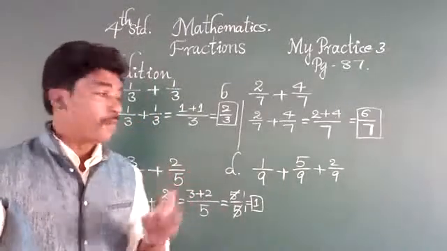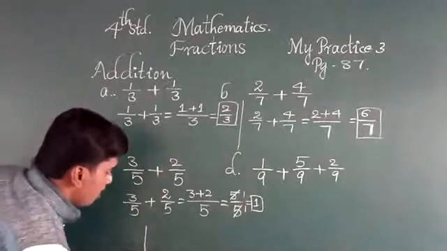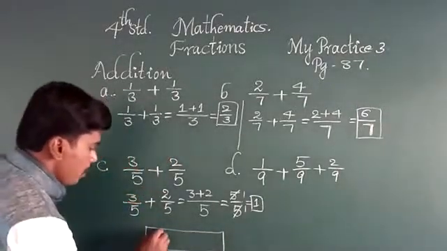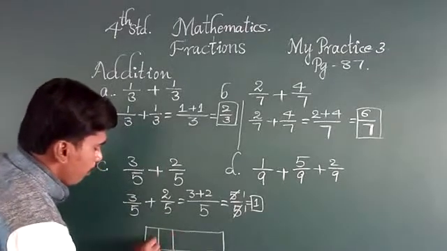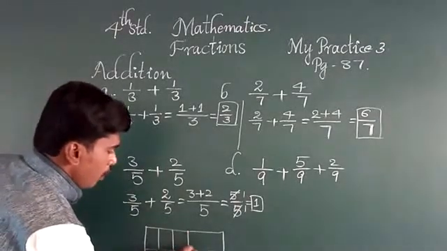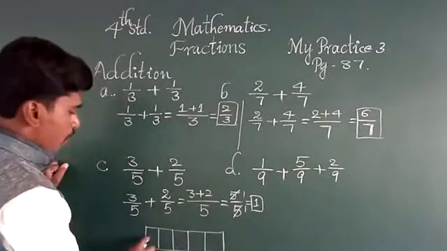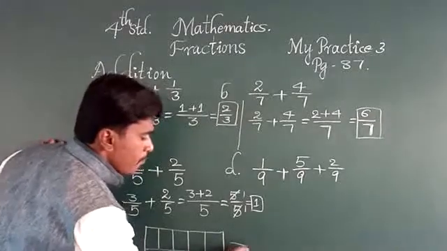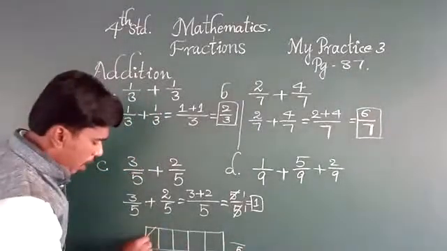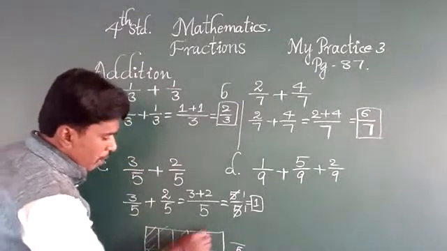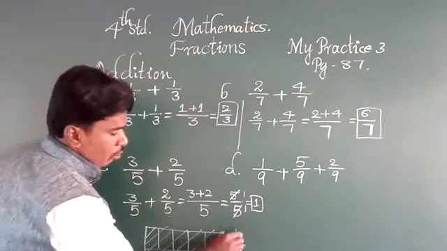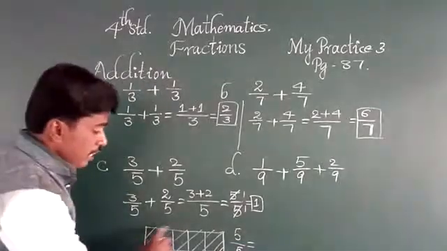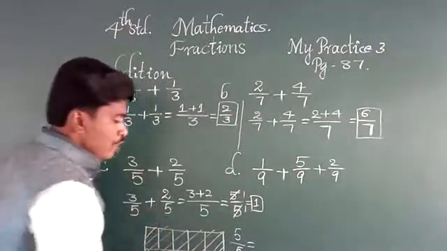How to show it? We can represent it in a diagram. It is a rectangular bar made up of 5 equal parts. 1, 2, 3, 4, 5. So the total number of parts is 5. Out of 5 parts, I have shaded all 5 parts. Then how much are you getting?